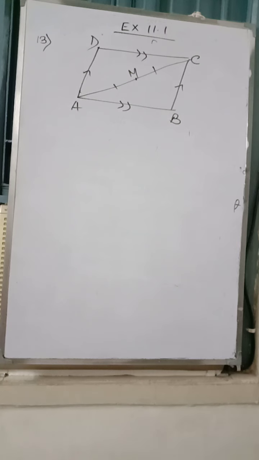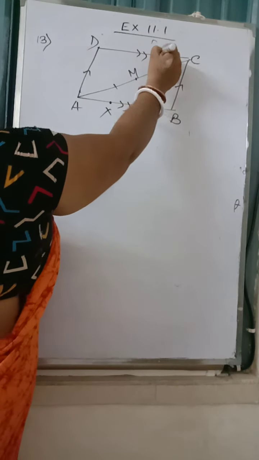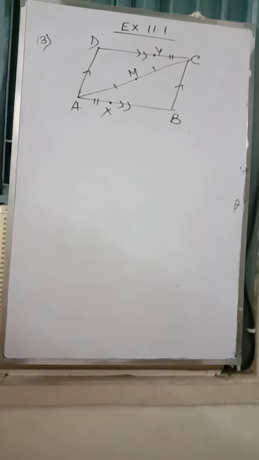Now AC is joined, M is a midpoint of AC. Clear? Second, it says X and Y are the points on AB and CD. So maybe this point I am writing for X and this point I am writing for Y, such that CY is equal to AX.